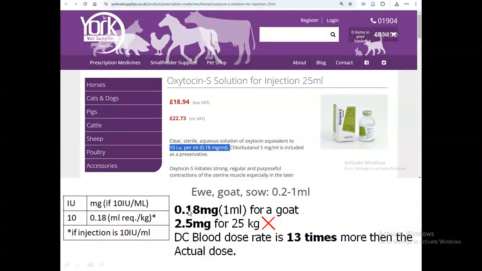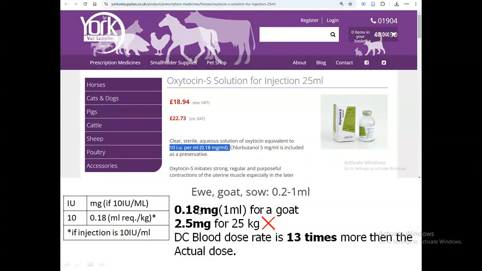So we can say that the DC Blood dose rate is 13 times more than the actual dose or the manufacturer dose. We have considered this example by considering the weight of the goat to be 25 kg.